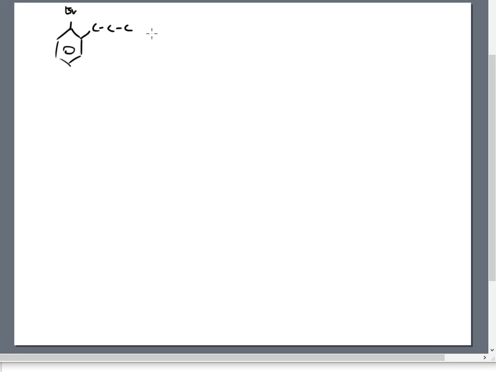All right, so if I take a look at bromo, the bromo group is a weak deactivator. However, it is an O and P director. On the other side, I'm going to get this propyl group, and this is an R group. And an R group is also an OP director.